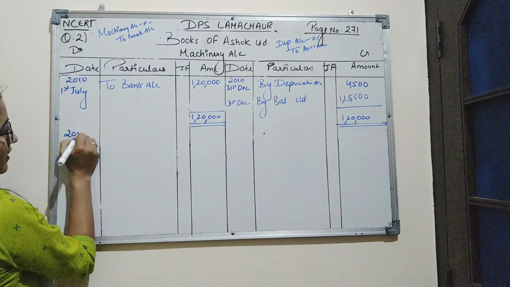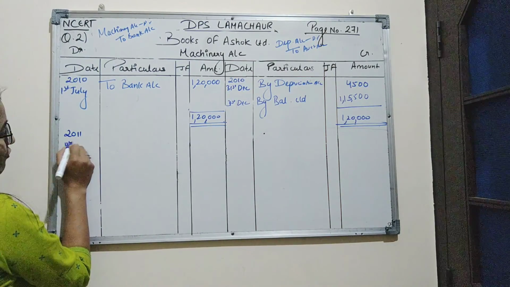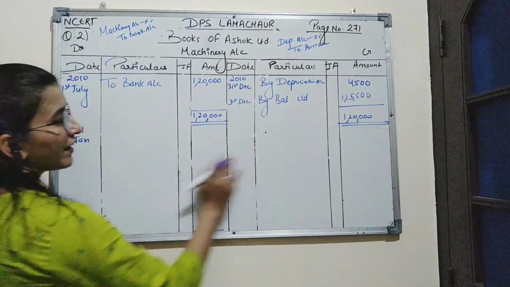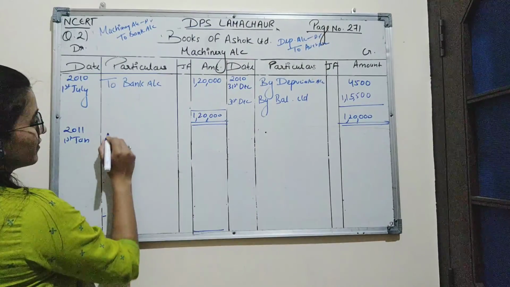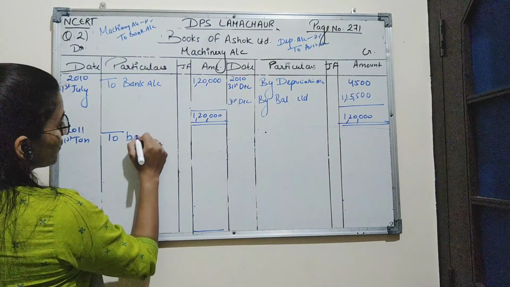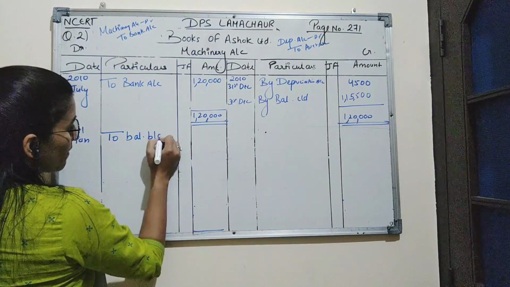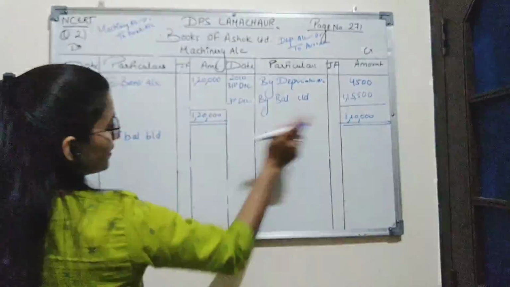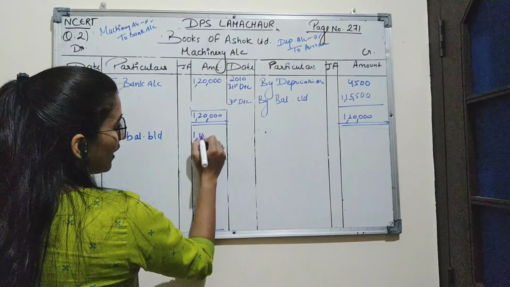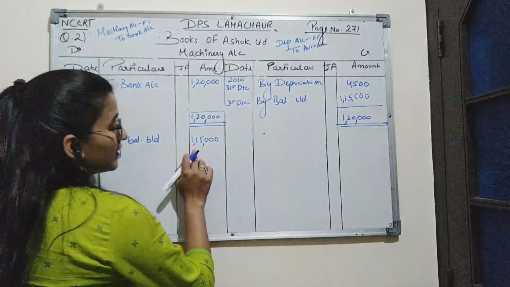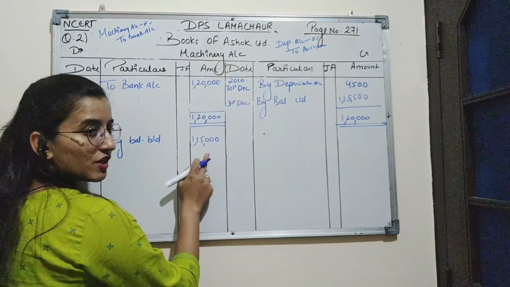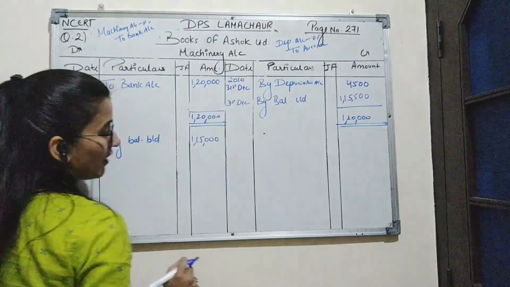So on 1st January 2011, we'll write the closing balance as the opening balance for the next year. So the opening balance for the next year will be written as to balance brought down, and the amount will be 1,15,500. So here this is the amount of machinery after charging depreciation of 4,500.